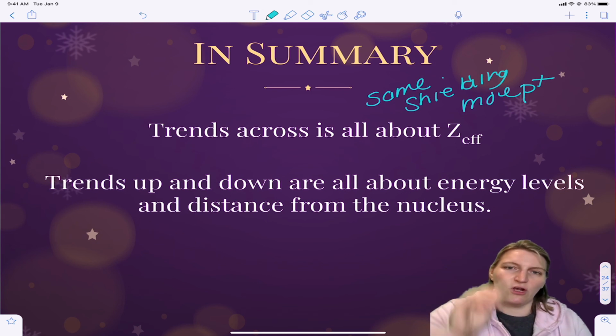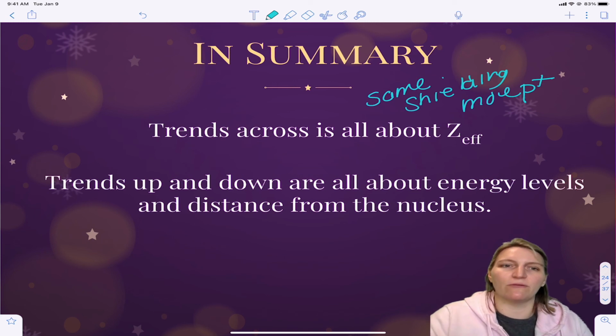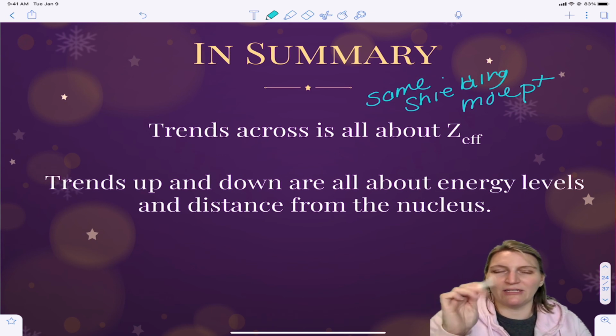And therefore, as you go up and down, it's the other part of Coulomb's law, the distance between the particles, that is making the attraction less as you go down and the atom larger as you go down. Remember, helium is small, so the upper right-hand most is where the smallest atoms are.